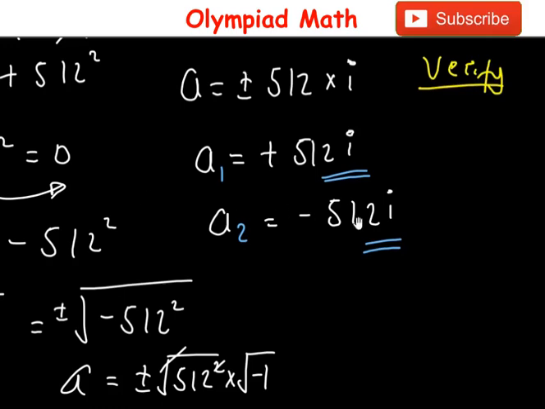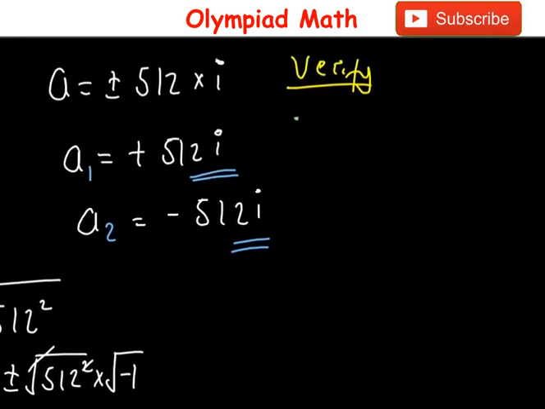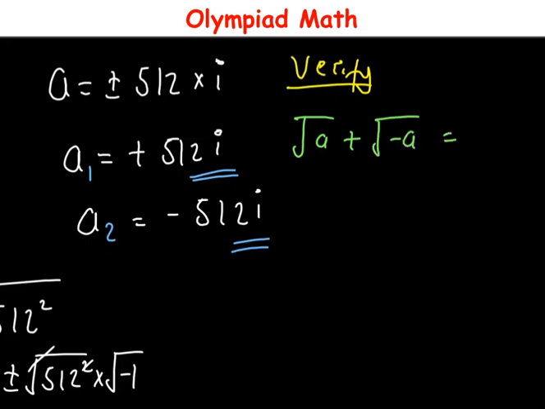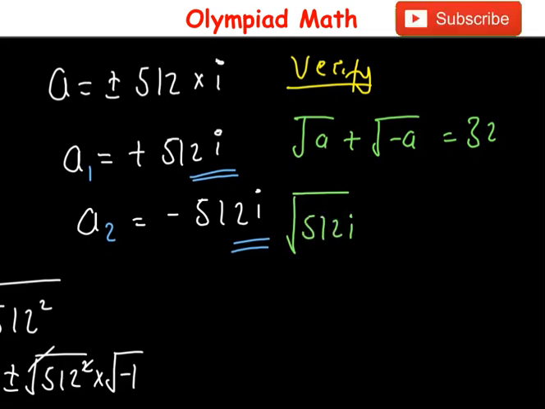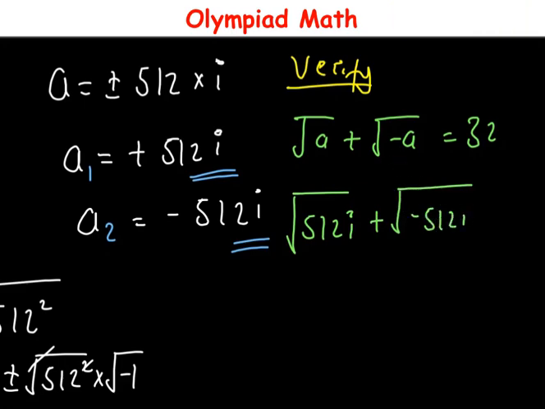Now, the question in which we have root a plus root minus a equals 32. So input the value of a as plus 512i into this. We have square root of 512i, plus square root of minus 512i, is this equal to 32?